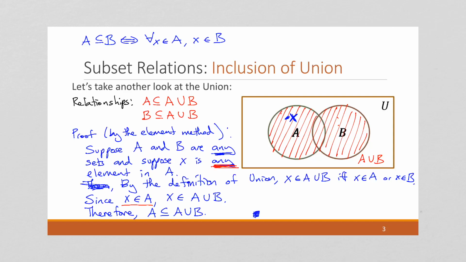We used any. So it doesn't matter what X is. We just know X is in A, meaning it must be in A union B by the definition of union. So we fulfill this subset definition, and we can conclude that A is a subset of A union B.